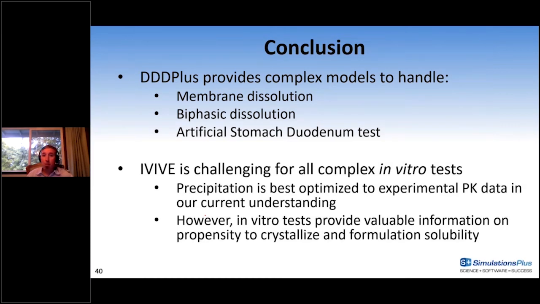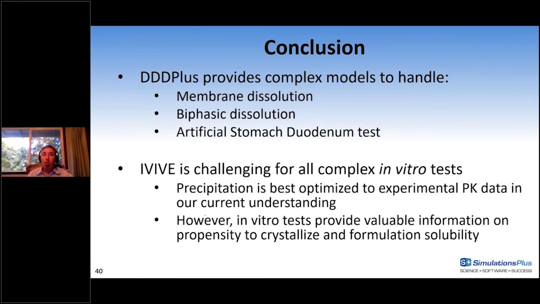Precipitation is best optimized to experimental PK data in our current understanding. The in vitro tests are good to provide valuable information on propensity to crystallize, and any formulation solubility enhancements or any formulation additives or excipients that may reduce crystallization. These tests are very valuable for that kind of information.